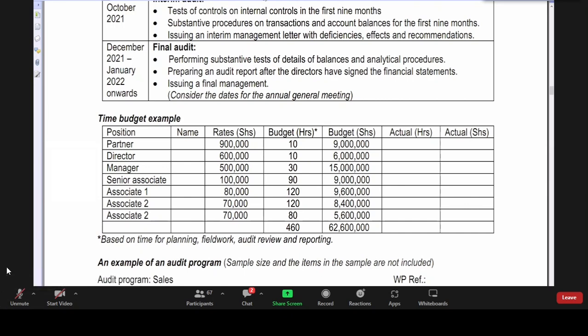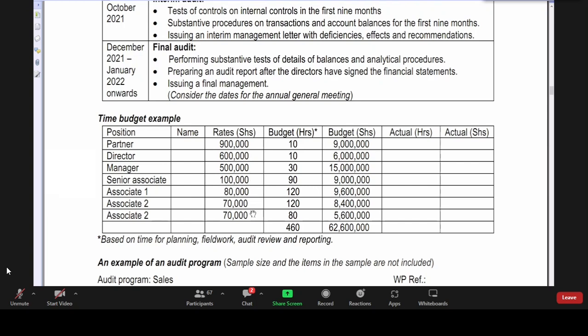Okay. So the budget. Like I said, our audit is paid based on time, hours, okay? The money they give an associate is not the same money they'll give a senior associate, a manager, a director, or a partner. As you can see, guys, you can see where you fall.